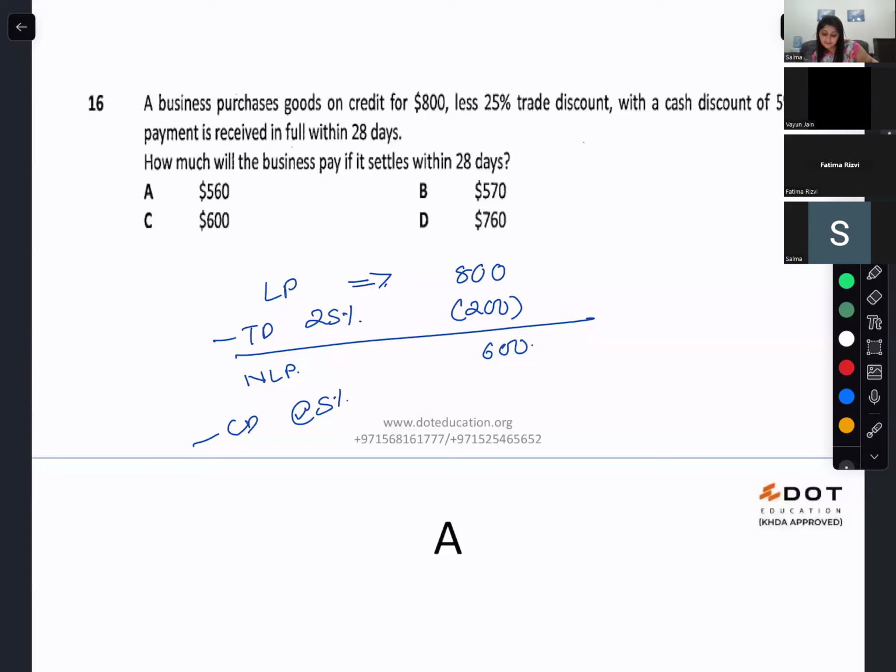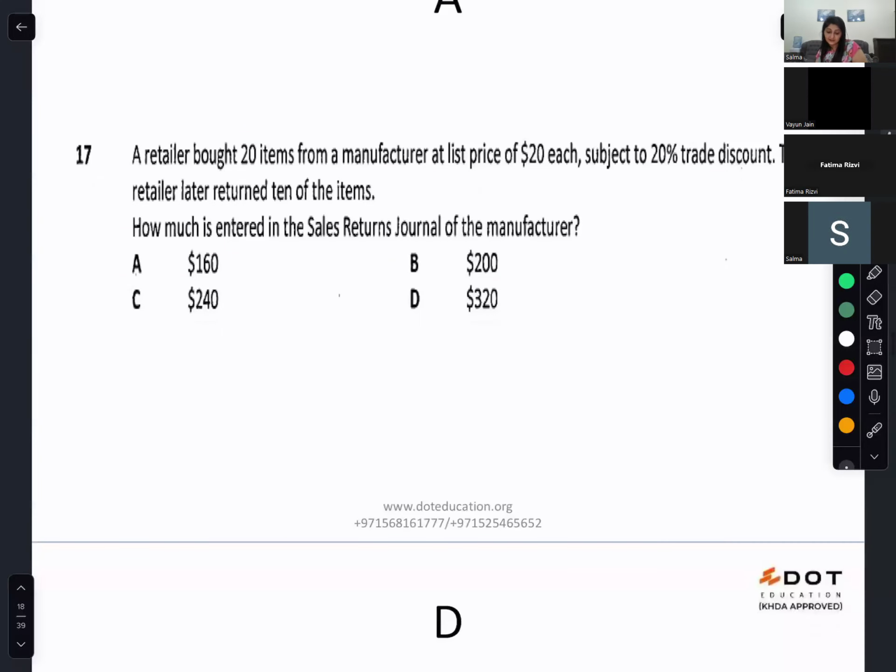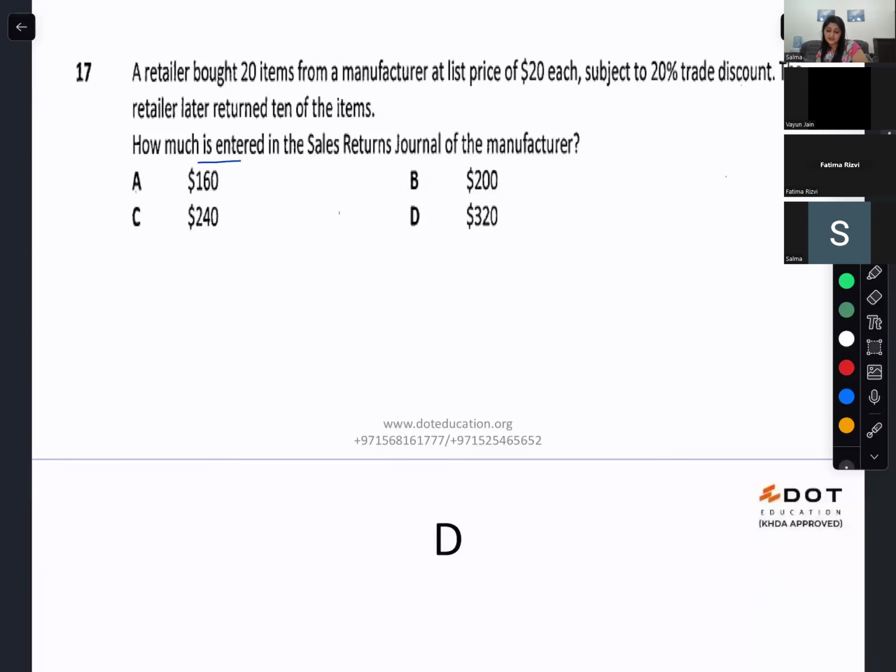Yes, so the cash discount will be subtracted. How much? 30. So what will the business pay? 570. Very good.